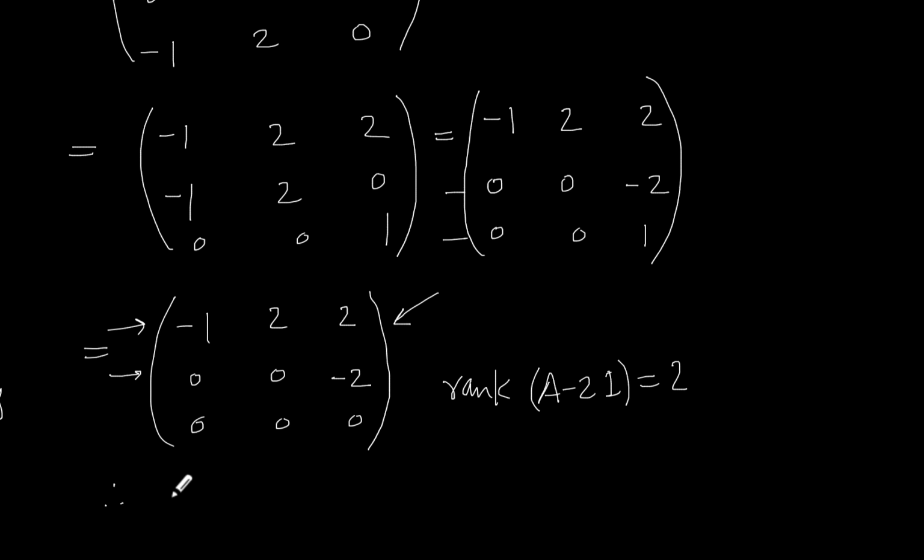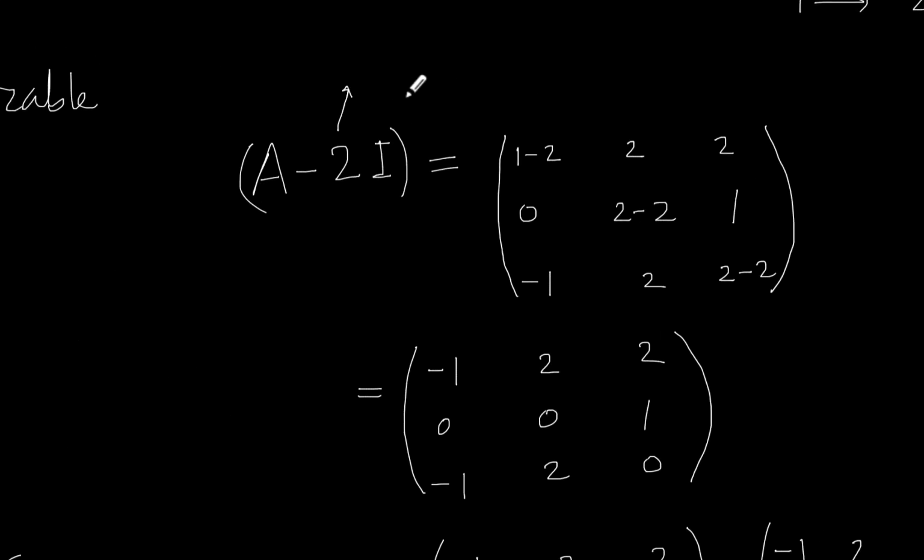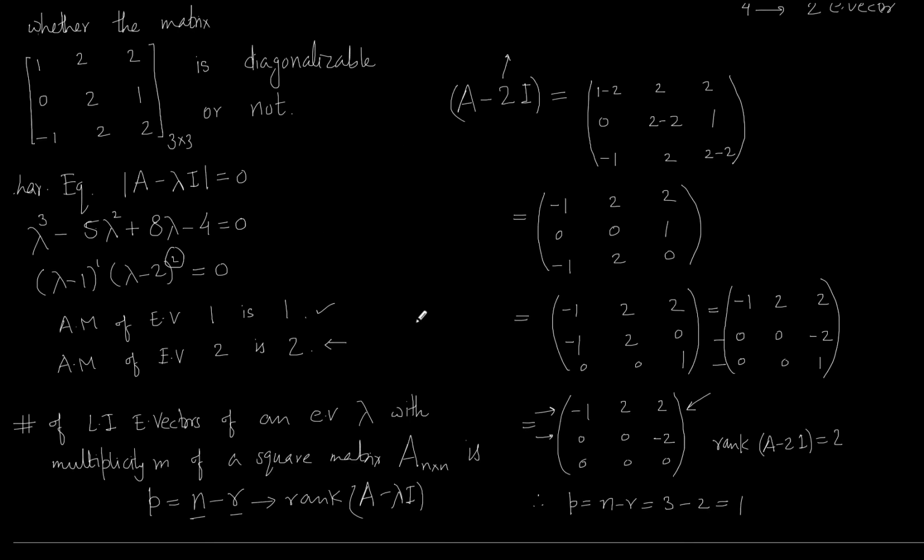So the number of linearly independent eigenvectors corresponding to 2 is n minus r. n is the size of the matrix, a 3 by 3 matrix, so n is 3 and r is 2. So you will have one linearly independent eigenvector corresponding to eigenvalue 2.